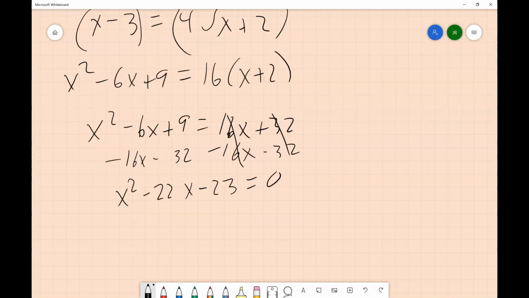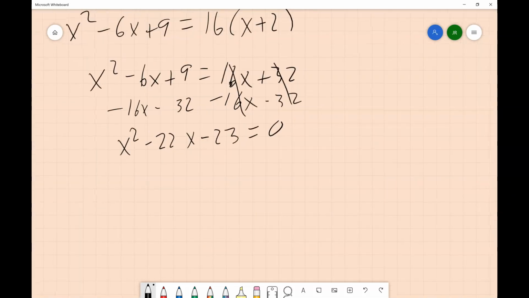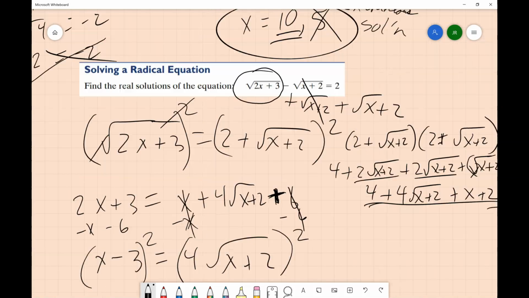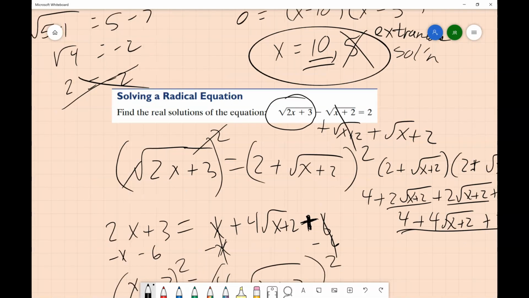And again, from here you have choices, but I would prefer to factor it if it will, and this will factor. That's x minus 23 and x plus 1. So I get x equals positive 23 and I get x equals negative 1 if I set those equal to 0 and get x by itself. But now remember what we have to do. We have to check them. Check both of those, 23 and negative 1, in this original equation.